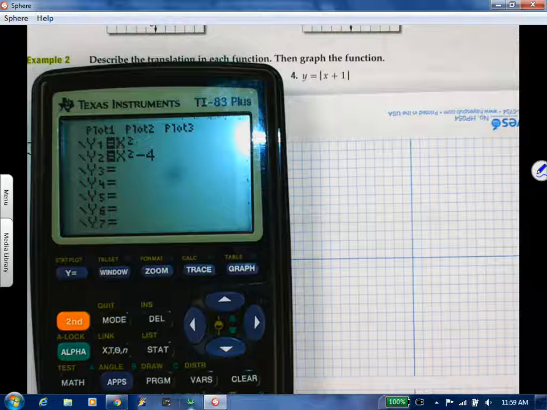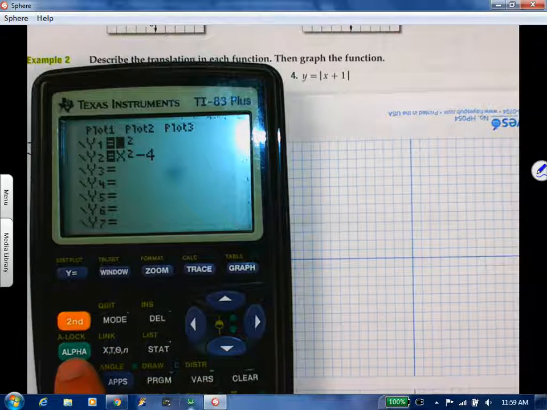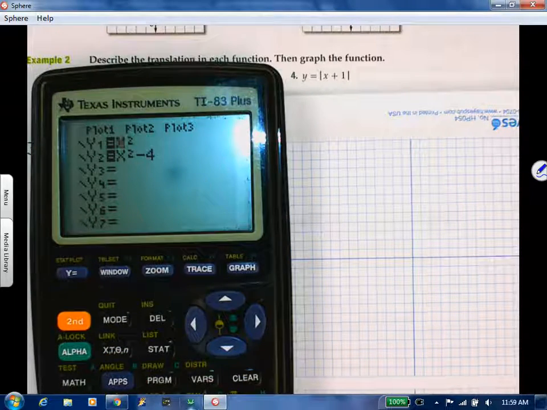Okay, press enter. You can do it here also. Go up. Highlight, press enter. The X is right next to the alpha button. That's your variable. Alpha button.